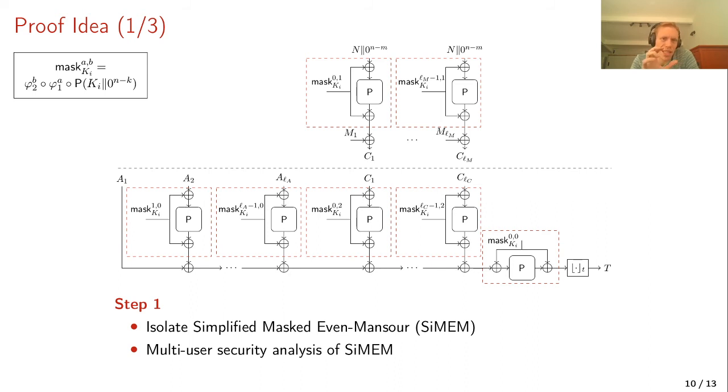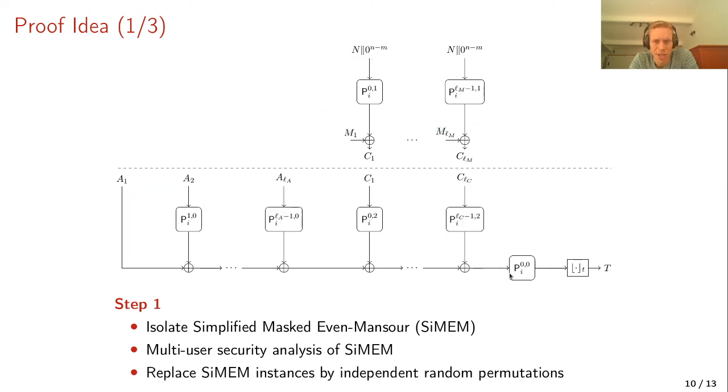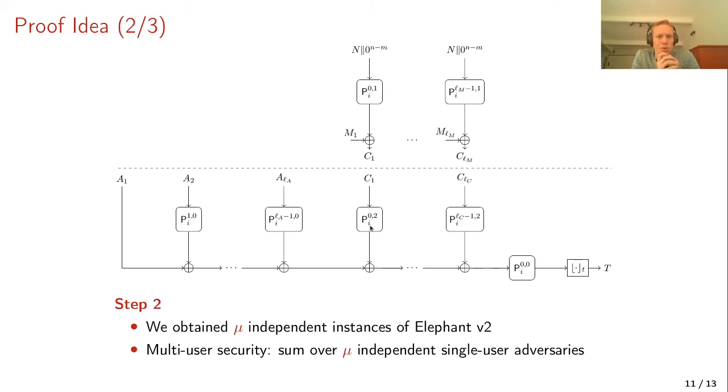But once we prove that this building block is multi-user secure, we can replace it by secret permutations, which differ depending on the tweak. And in this case, the tweak consists of AB and the value I. So we replace all these red boxes by different permutations, which differ for the choice of AB, the superscripts, and I, the subscript. But now we ended up at mu basically independent instances of Elephant v2.